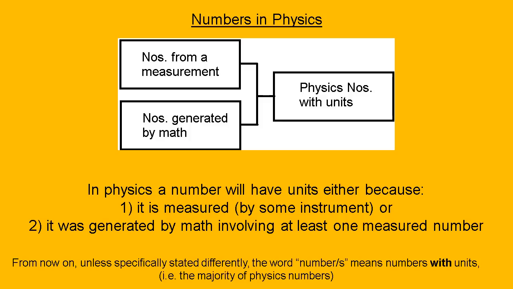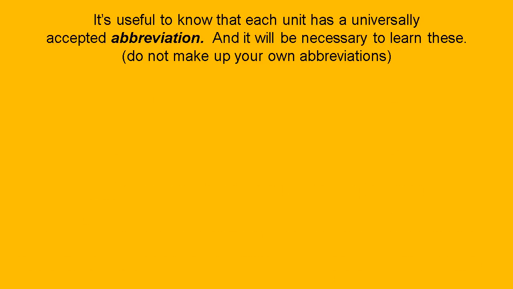From now on, unless specifically stated differently, the word numbers, given in this blurb or in future blurbs, means numbers with units. In other words, the majority of physics numbers.